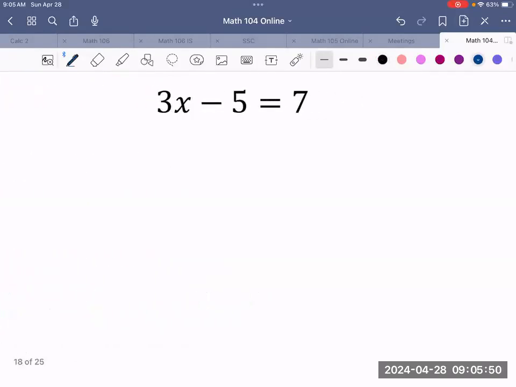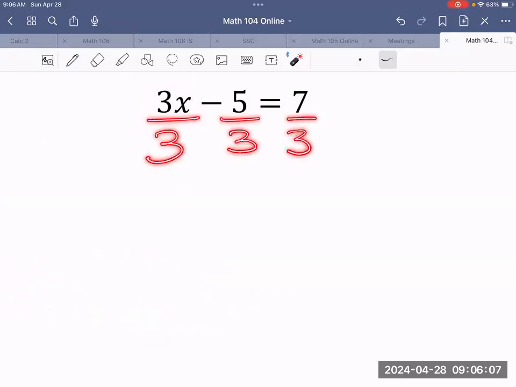Now, if you have something added or subtracted, we definitely want to take care of that first. Otherwise, if you're trying to divide everything by 3, it's not just dividing these values by 3 here. It has to be equal. If you divide one value by 3, you have to do it to your other terms.